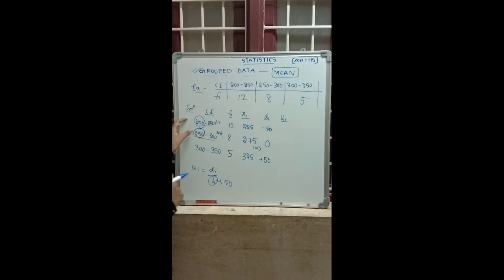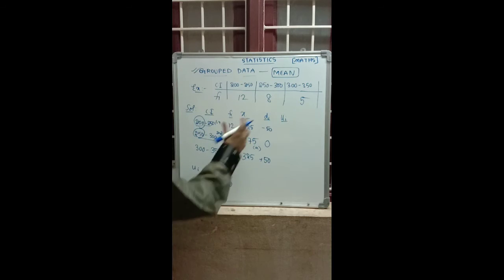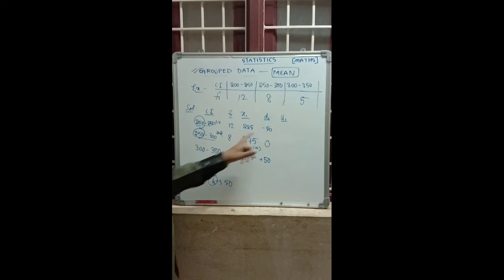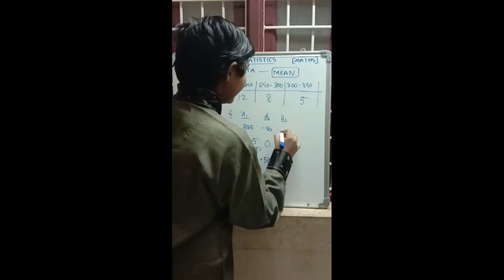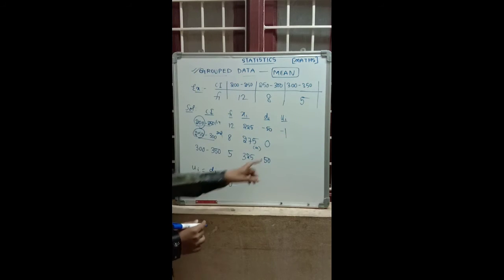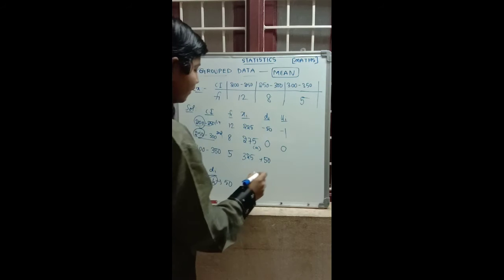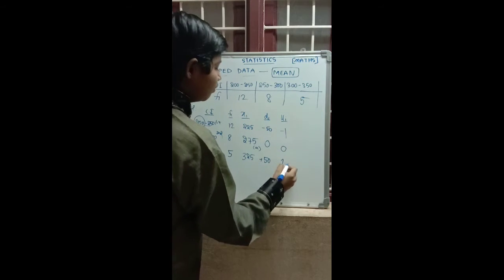The class size is the difference of the upper limit of the second term and the upper limit of the first term: 250 minus 200, so 50 is the class size. We got h as 50 for all three terms. Di is minus 50, so minus 50 by 50 is minus 1. 0 by 50 is 0. 50 by 50 is 1.